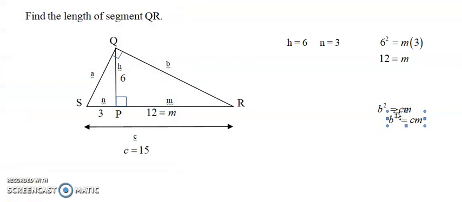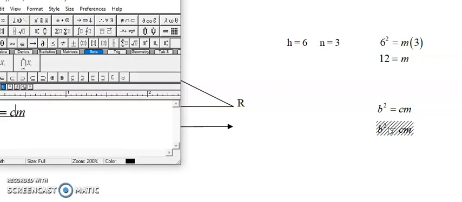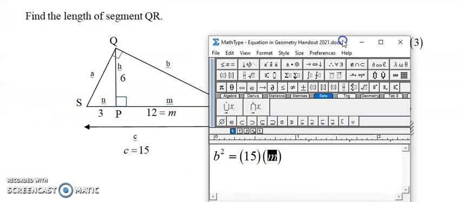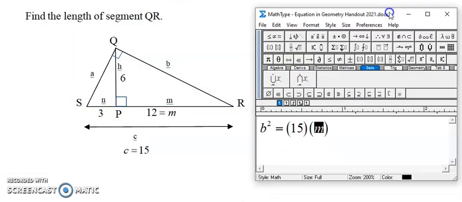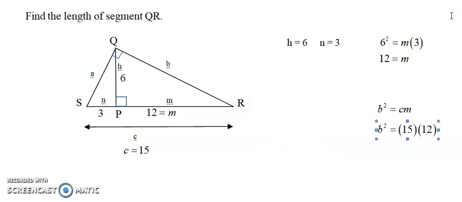So if I plug in all the values that I have here, I'm looking for this segment QR. That's the B in my diagram. I know that the value of C is 15. The value of M in the diagram is 12. So I can simplify. I'd have to take the square root to solve.